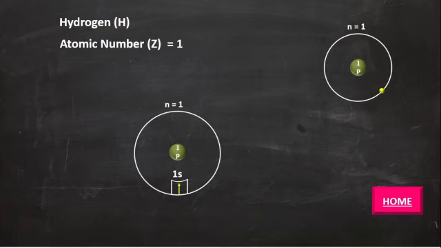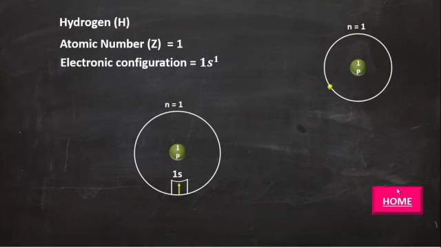Okay, so filling up of orbitals by the electrons will take place according to some rules: Aufbau rule, Pauli's exclusion principle, and Hund's rule. Okay, so the electronic configuration of hydrogen atom is 1s1. It has only one electron that is present in 1s orbital. So electronic configuration equal to 1s1.